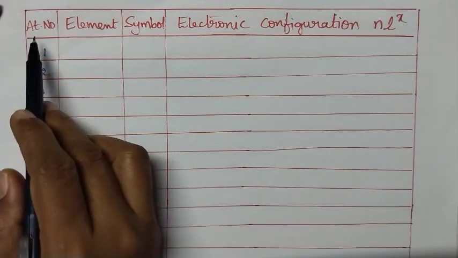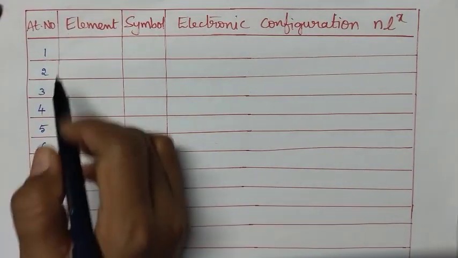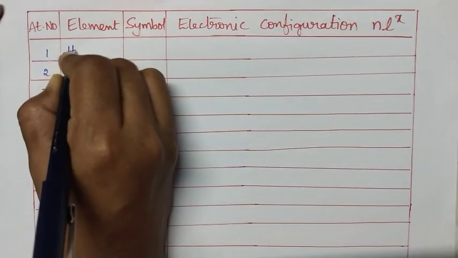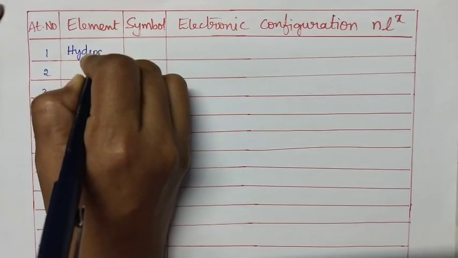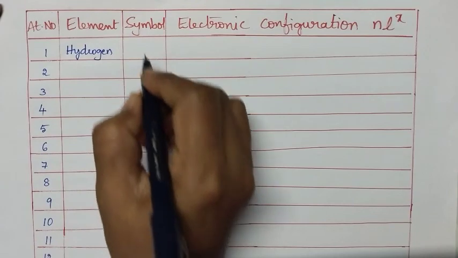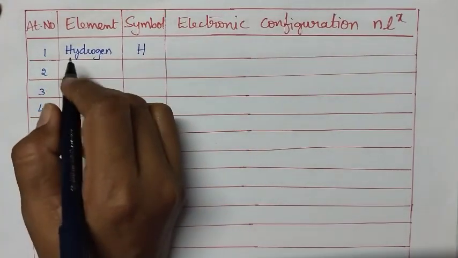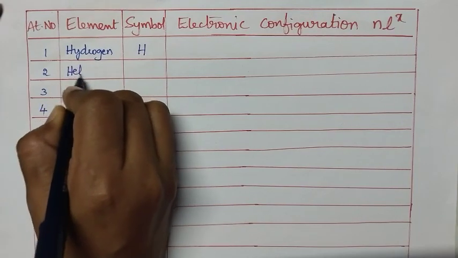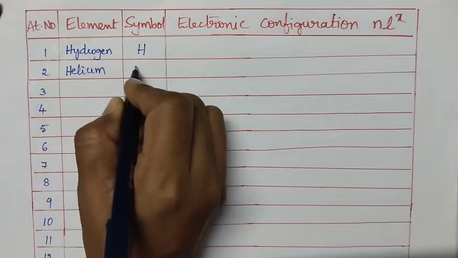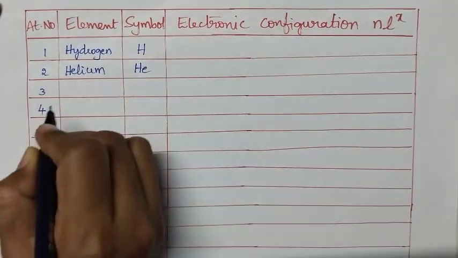If the atomic number is 1, the element is hydrogen and its symbol is H. Atomic number 2 means it is helium and the symbol is He.